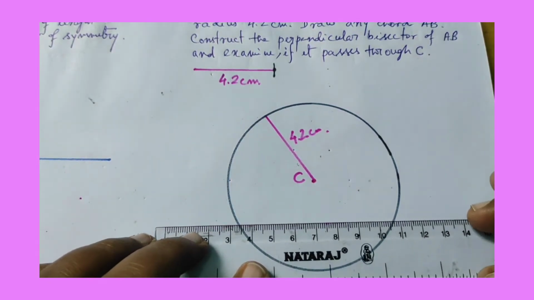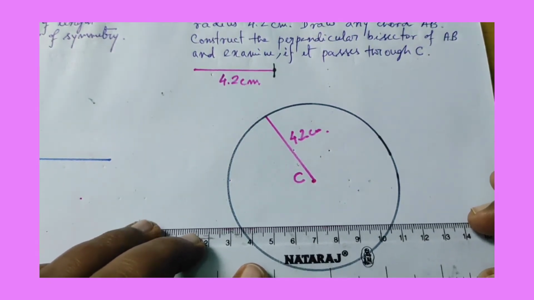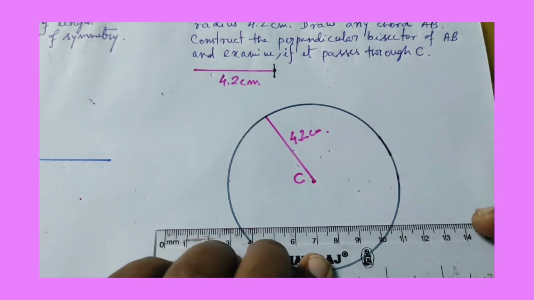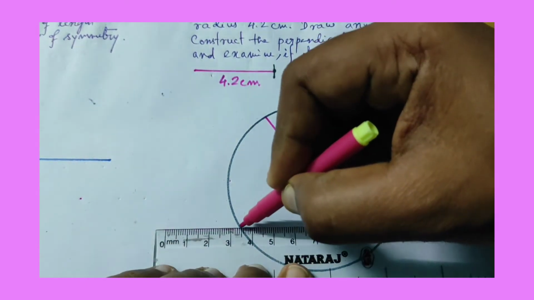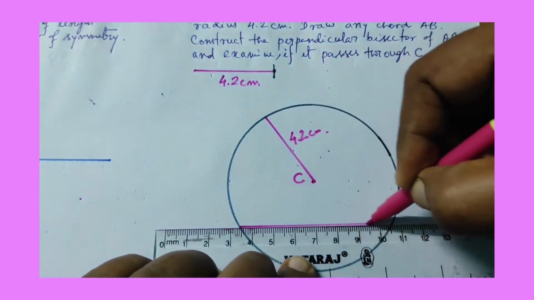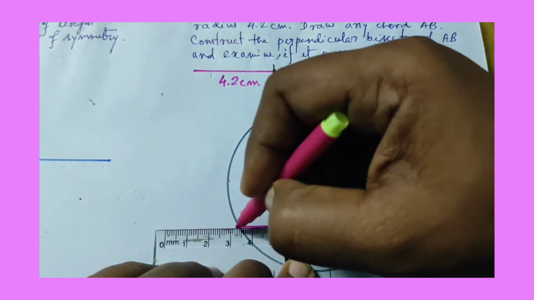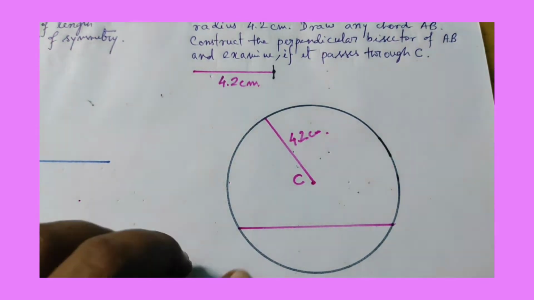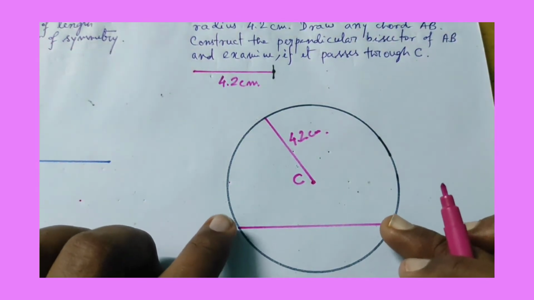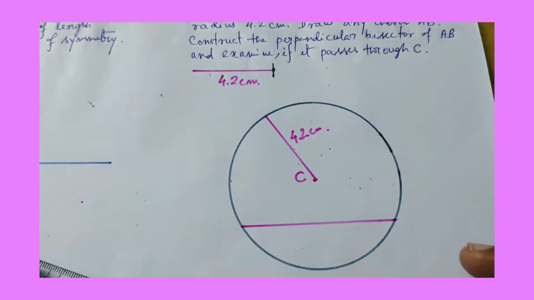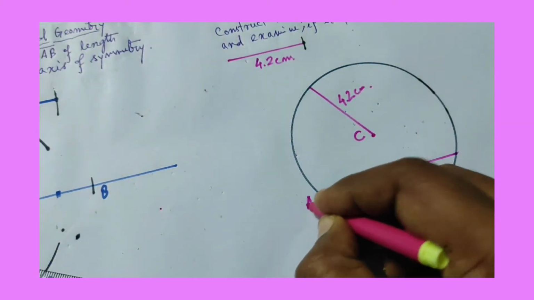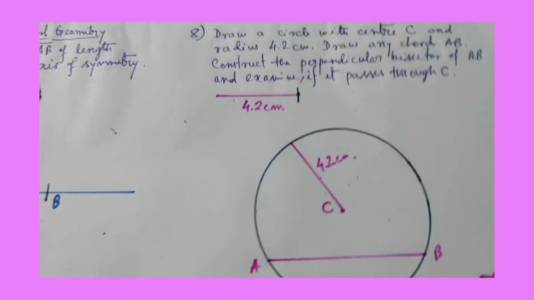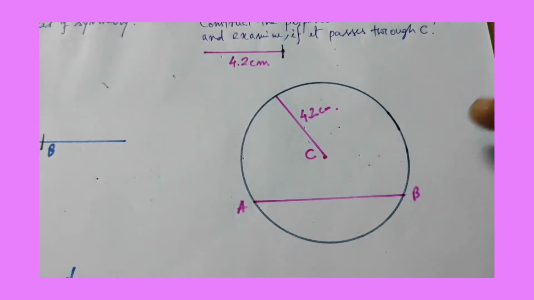So if we join any 2 points and draw the line segment, suppose you are joining this point and this point. These 2 points on the circumference of the circle we have joined using the ruler, and hence we have drawn a chord whose name is AB. So this is A, this is B. Alright, so this is our second part of this question.